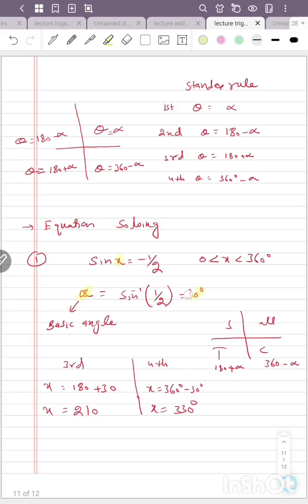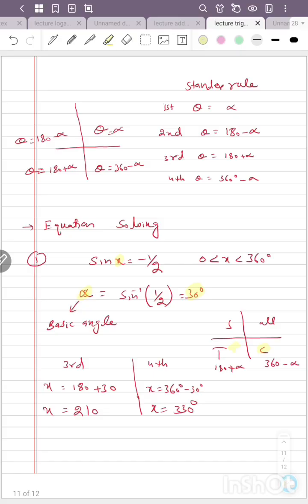We get 30. After getting this 30 angle, we know that sine is negative in the third and fourth quadrant. At the third quadrant the formula sheet tells us 180 plus alpha. Here 180 because in the third quadrant it is added to the basic angle 30, and in the fourth quadrant 360 minus 30.